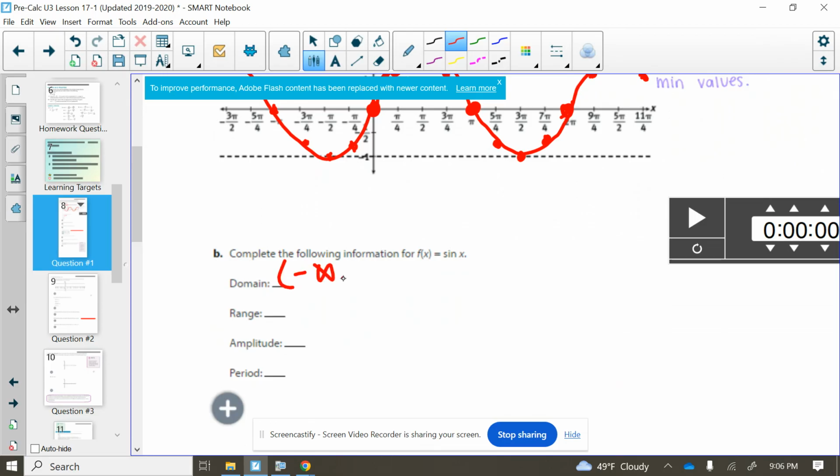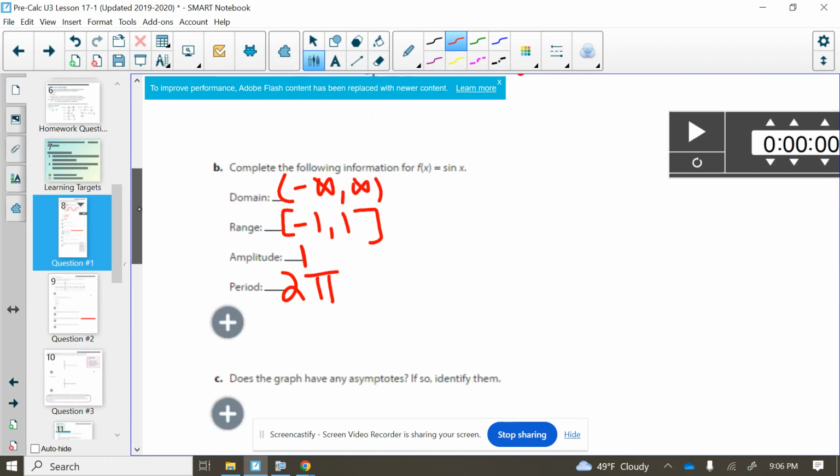Sine has a domain of all real numbers, as well as a range that goes from -1 to +1, including both values. The amplitude for sine's parent function is 1, and again, this is going to repeat itself every 2 pi.